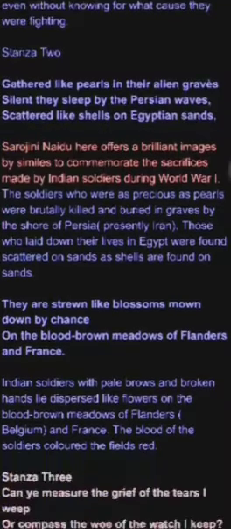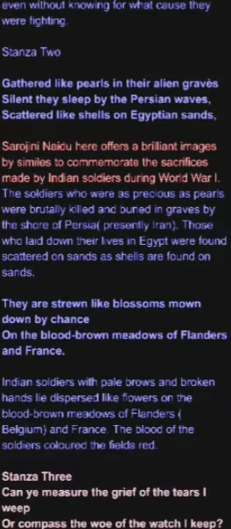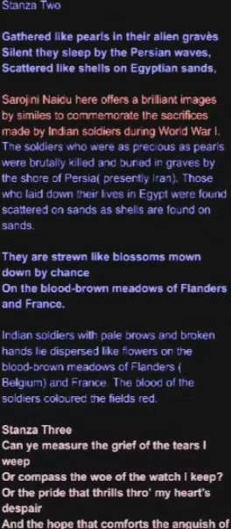Next, in the second stanza, it has been said that the soldiers, who were so precious like pearls, were brutally killed. Here Sarojini Naidu offers brilliant images and similes to commemorate the sacrifices made by Indian soldiers during World War One. You all know, learners, that World War One took place from 1914 to 1918, and the Second World War from 1939 to 1945.